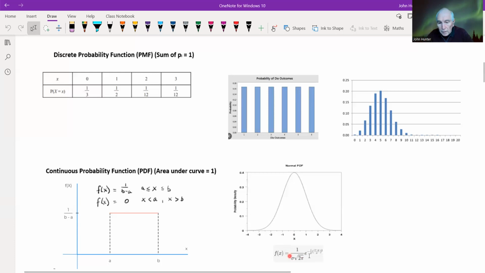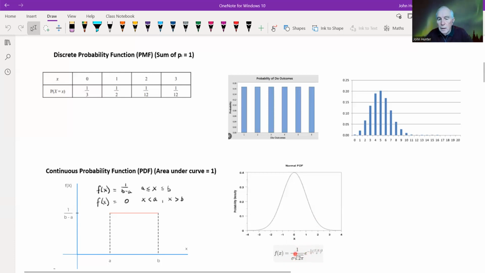Now we don't really have to worry about this. In theory, if you wanted to find the area above 2, you would have to integrate this between 2 and an upper limit of infinity. If you know anything about calculus, you will know that that's actually quite a difficult thing to do.